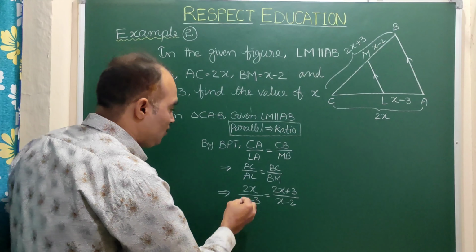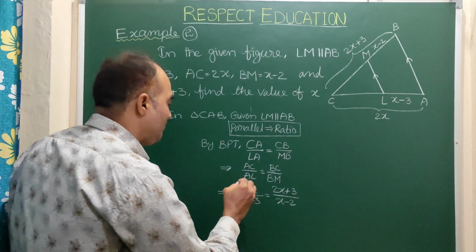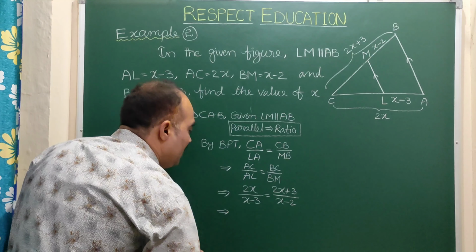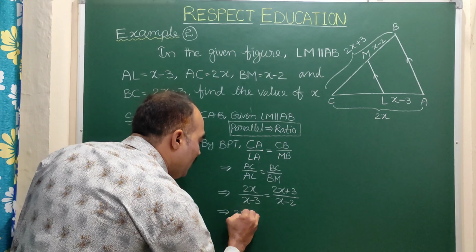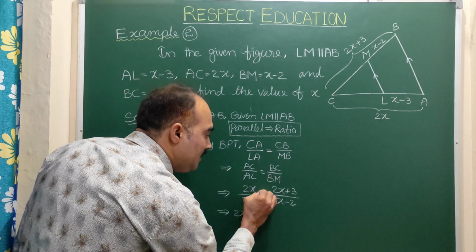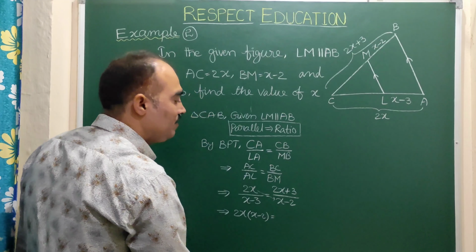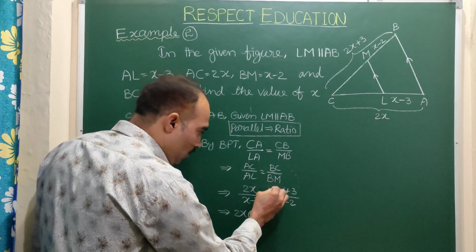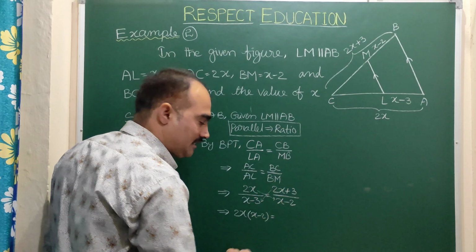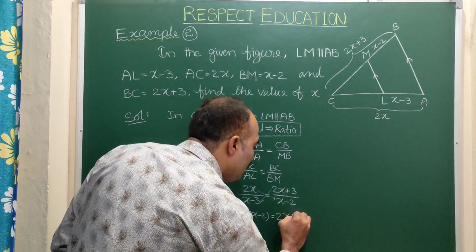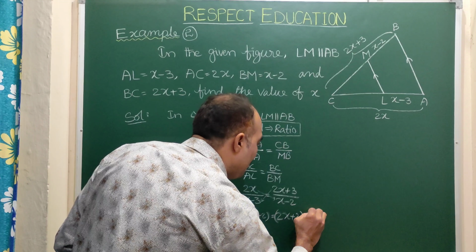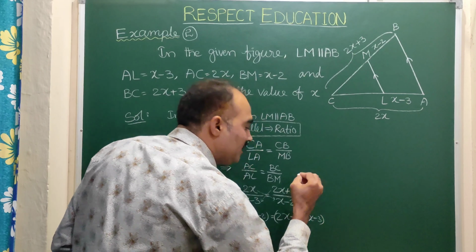Now here let us do cross multiplication to simplify. So here we can write 2x into x minus 2 is equal to 2x plus 3 into x minus 3.